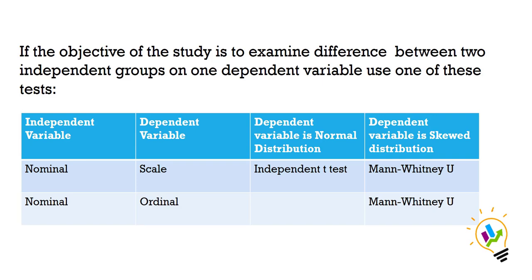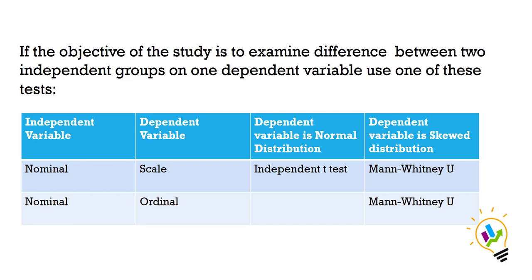If in case this dependent variable is not normally distributed, that is, the data is skewed, then we must use a non-parametric method which is called the Mann-Whitney U-test. So if the dependent variable is scale data and normally distributed, you must use the independent sample t-test. If the dependent variable is not normally distributed, then we must use the Mann-Whitney U-test.